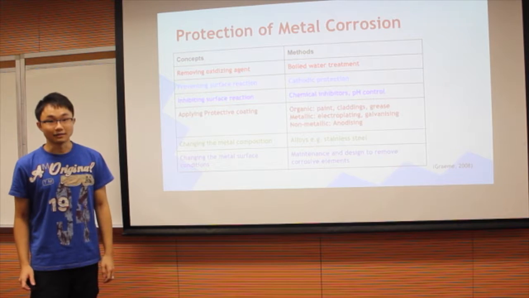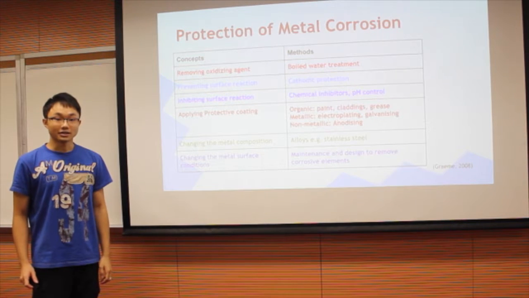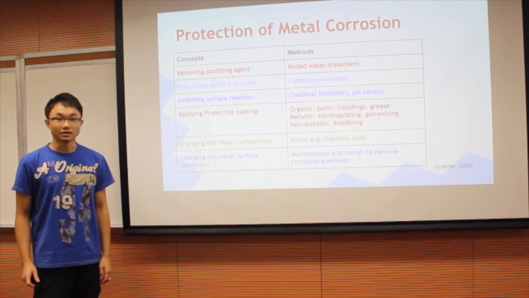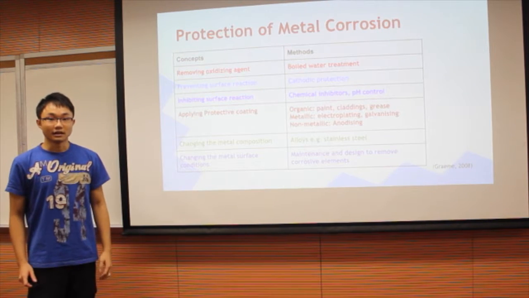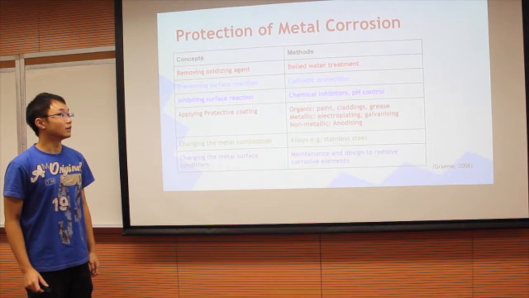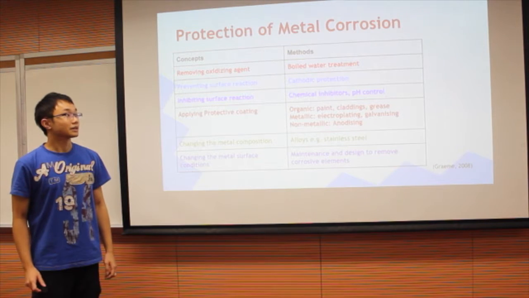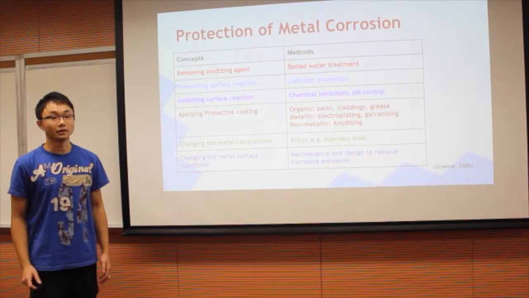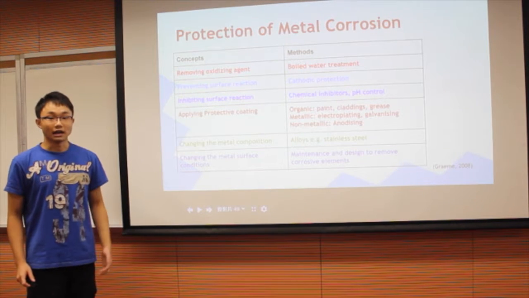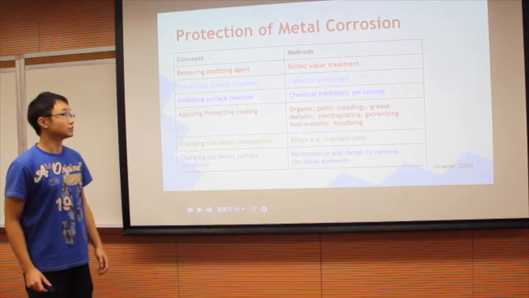Boiled water treatment is a method. When the metal is put into boiled water, the boiled water has lower oxygen content, and the metal would have less chance of rusting. But this is not applicable to daily application for construction usage.